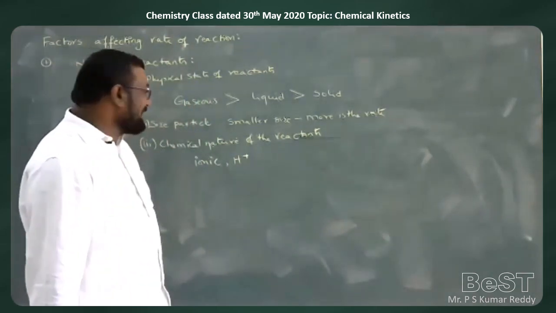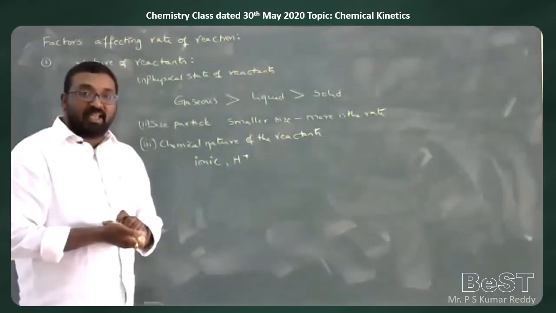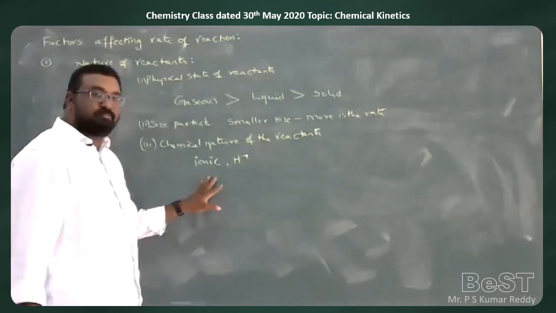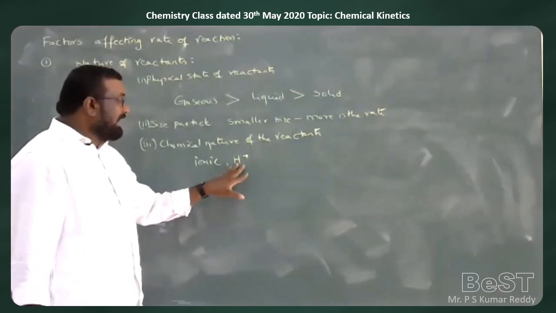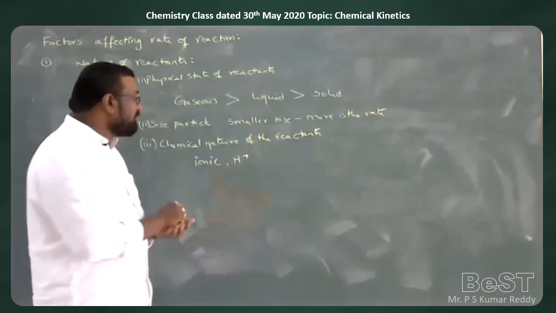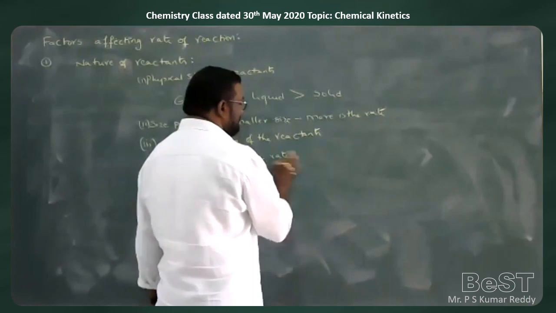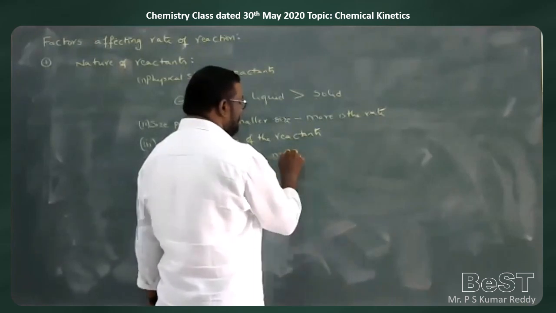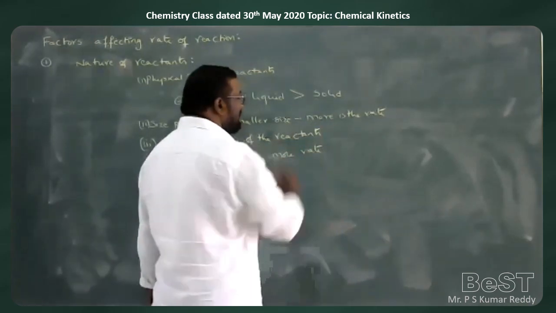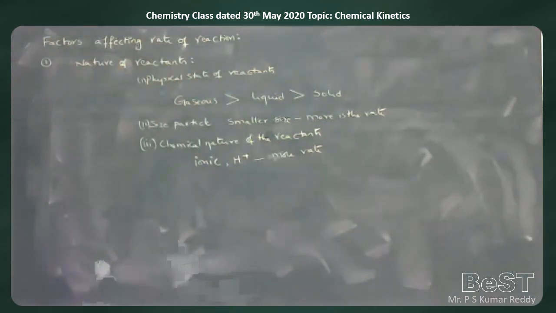So when we look at the chemical nature of the reactants, if the reactants are ionic or have proton related reactivity, then the rate will be more. That means speed, or velocity, of the reaction will be more.